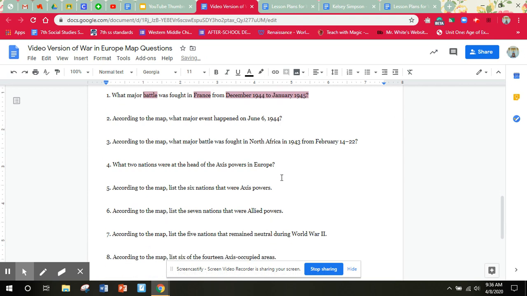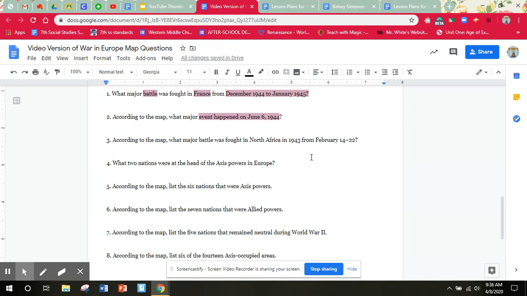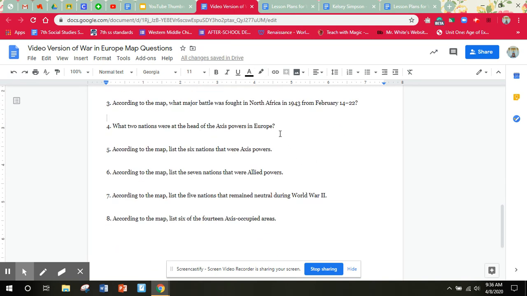All right. According to the map, what major event happened on June 6, 1944? All right, so we're looking for an event on June 6, 1944. According to the map, what major battle was fought in North Africa in 1943 from February 14th to the 22nd?